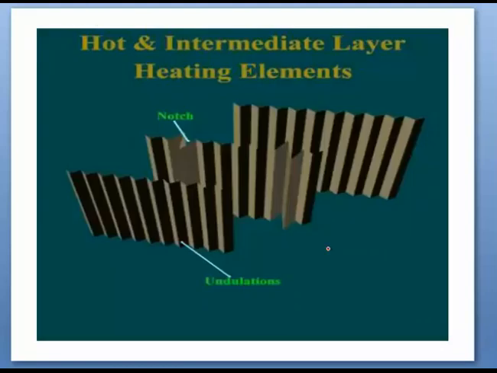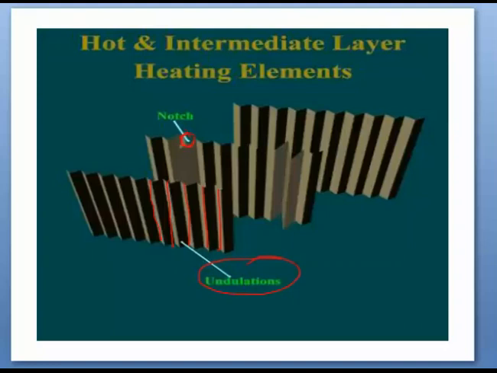Here it is more clearly seen that these are the notches, and this folding, to accommodate inside the basket, they are folded. This is called undulation. Now we will see the heat absorbing element types.